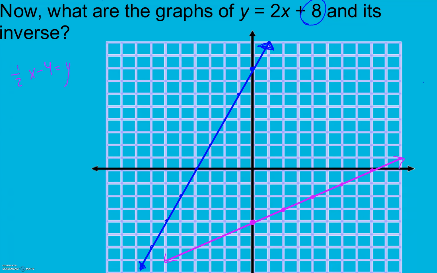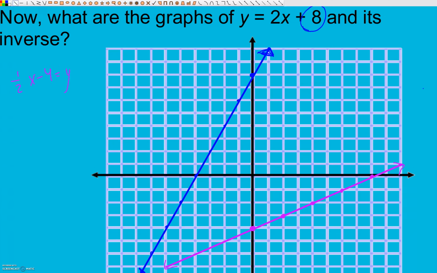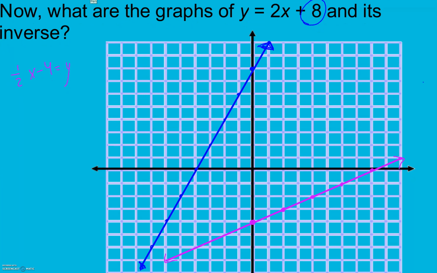Okay, if we were to draw in our diagonal line here, we could see that they were reflected that way. We can also check a couple points. So here I have 0, negative 4, and negative 4, 0. I should also have 8, 0, and 0, 8.